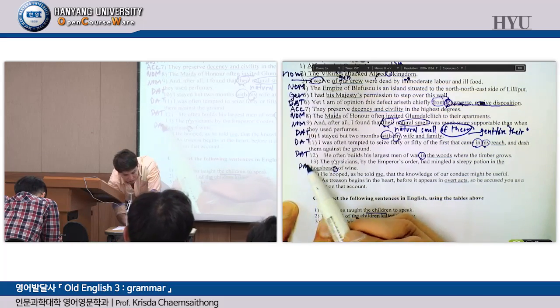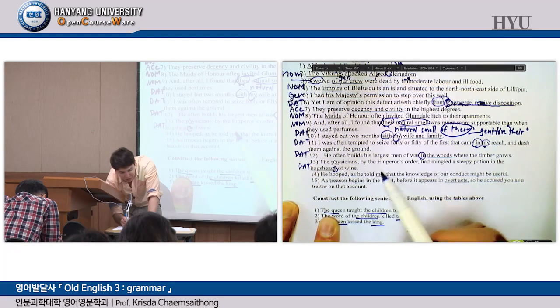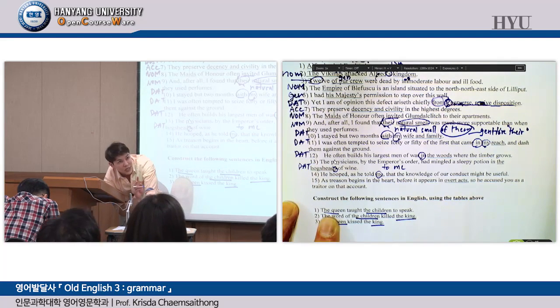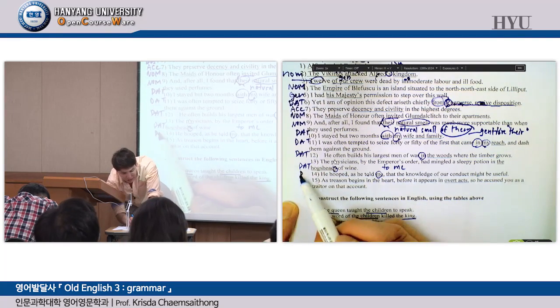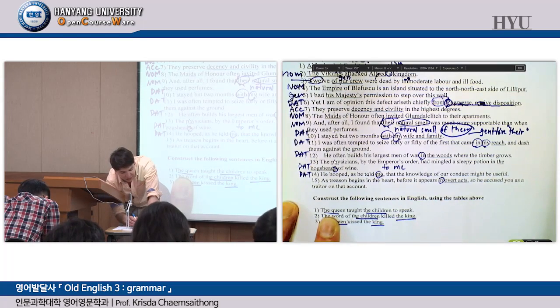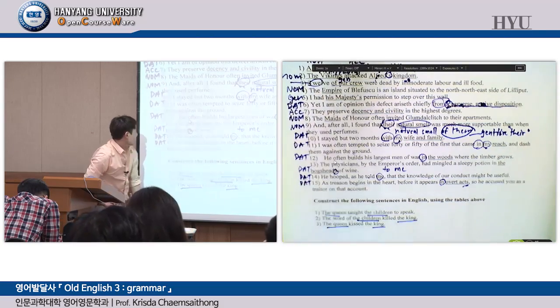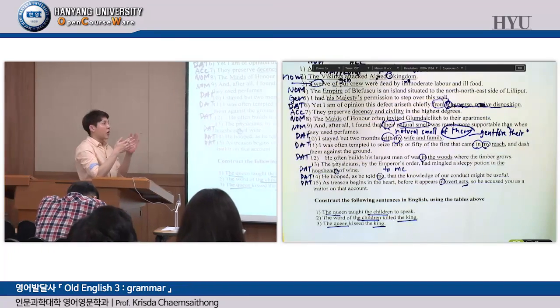So dative, plural. Number 14, told me something. Told something to me. So me here is like to me. This is a ditransitive verb, a verb that has 2 objects, like told, give, put, and so on. So this is dative. Now you understand how case markings work in modern English.